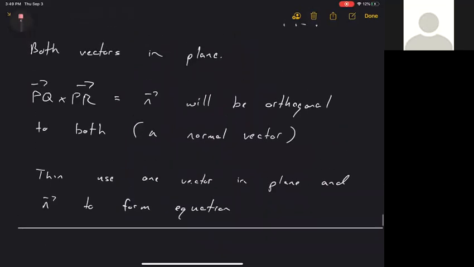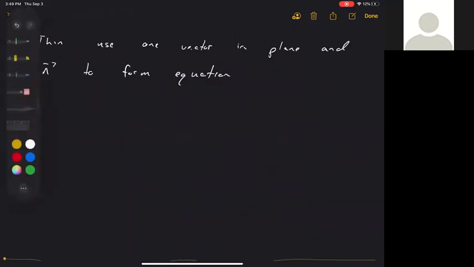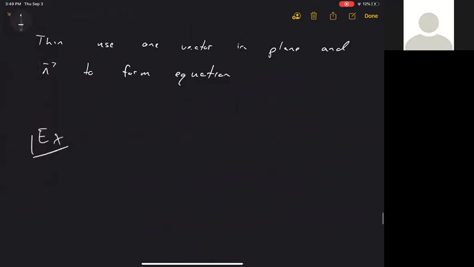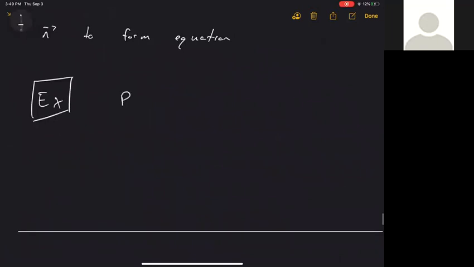Let's see a quick example. Let's say I'm told my plane contains the 3 points P is (1, 3, 2), Q is (-1, -4, 6), and R is (2, 0, 2).